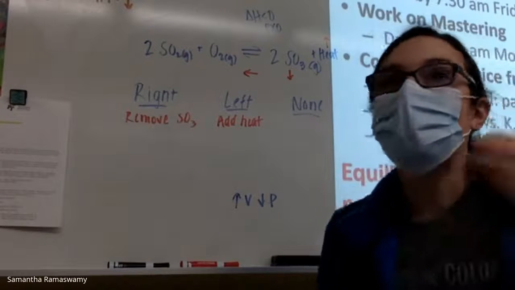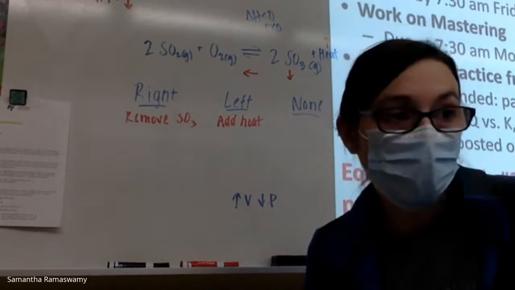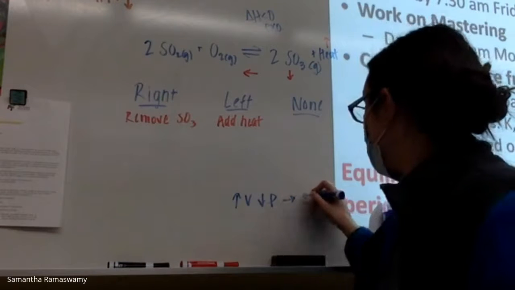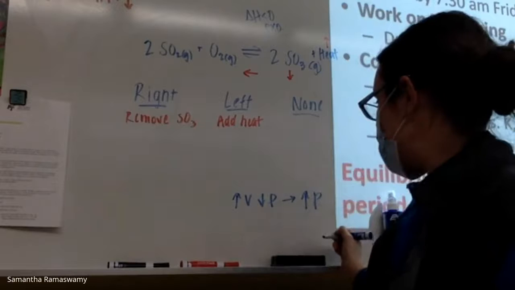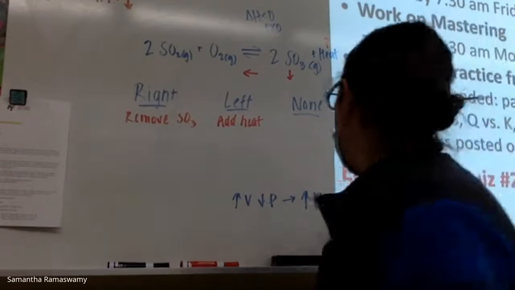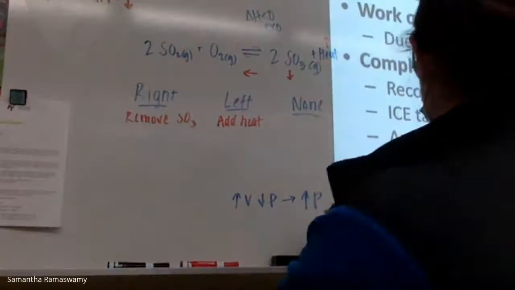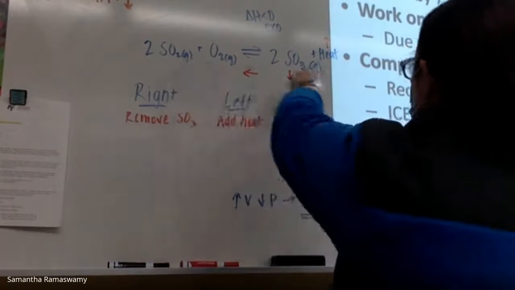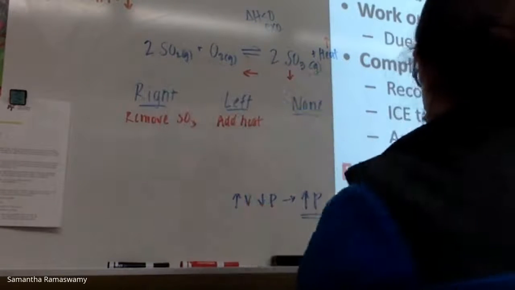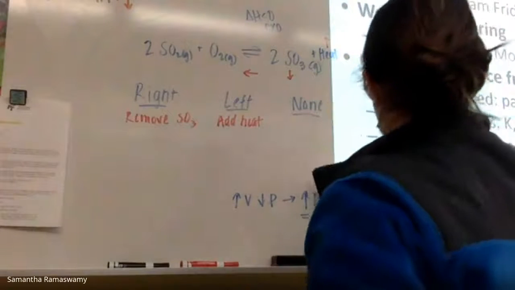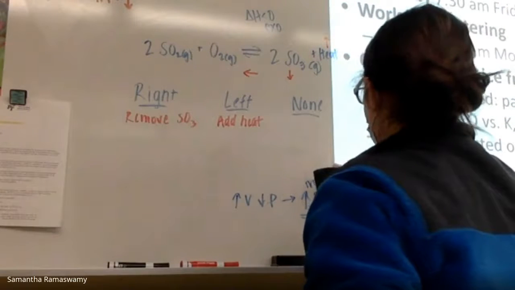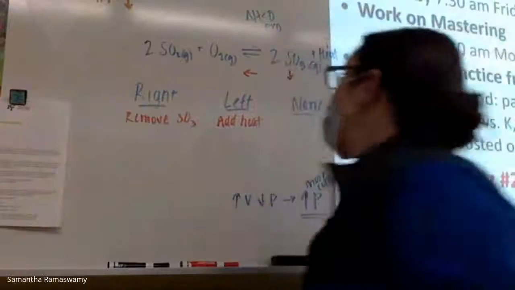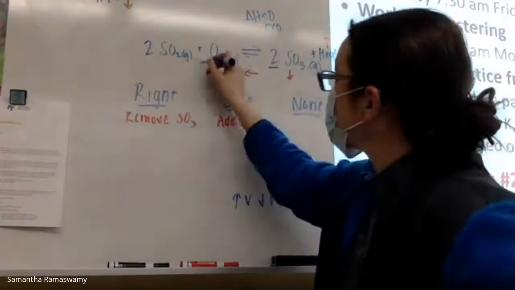Now to get back to equilibrium, we need to undo what we just did, so we need to get pressure back up. It's all about the reaction shifting. If the pressure needs to go back up, we need to shift to the side that will result in more collisions. This is based on the number of moles of gas.